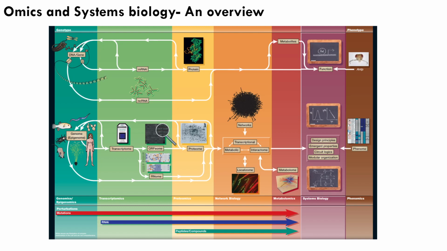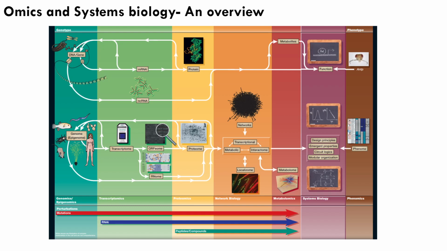And you use all this information to form networks that can be transcriptional, that can be metabolites, interactomes, metabolomes, whatever. You can form these networks, and you can use mathematical modeling to predict design principles of further experiments that you want, that will help you prove your hypothesis.